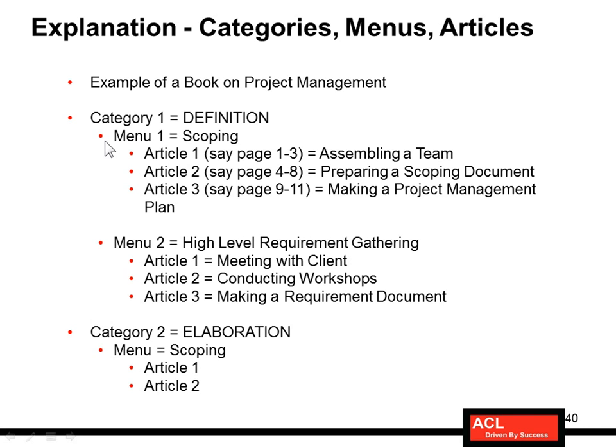Or alternatively, if you want to further subdivide the category, you can have one main menu, and within that a number of submenus. Then each of these submenus can have articles or pages under that, is it not? So that's the concept of categories, menus, and articles.